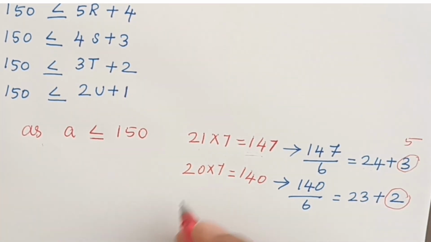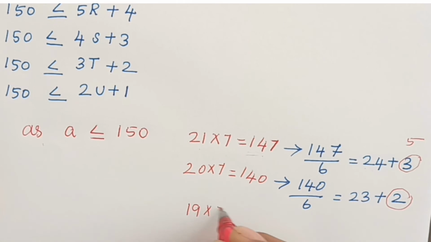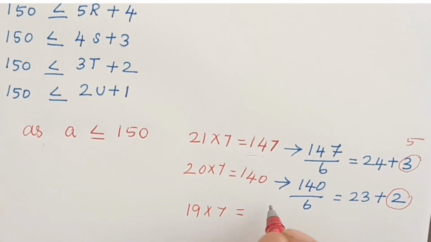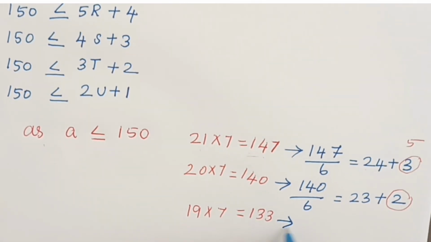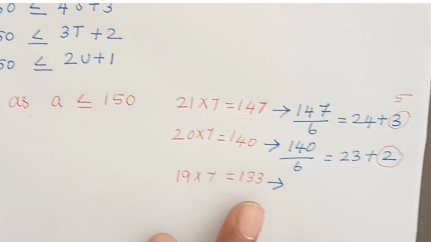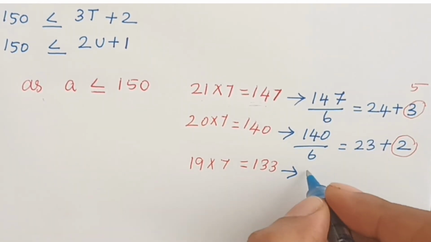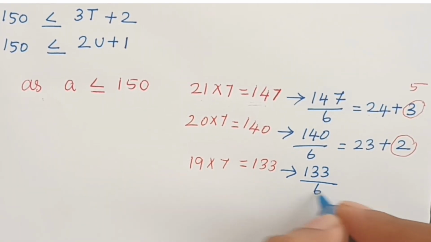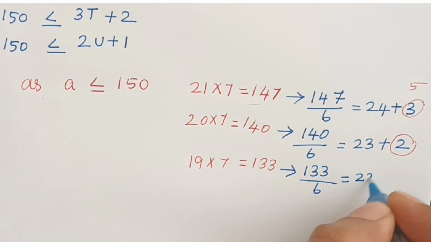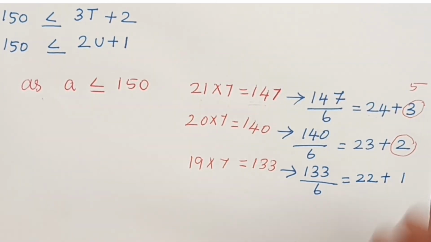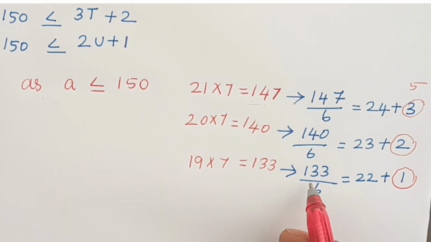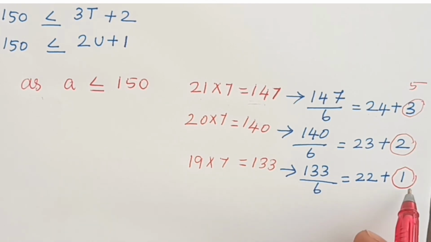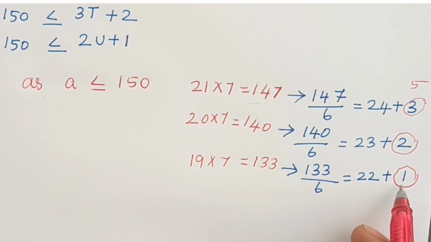Again, we go with 19 into 7, which is 133. 133 divided by 6 is 22 plus 1, remainder 1. This answer is also not right because we need remainder 5.